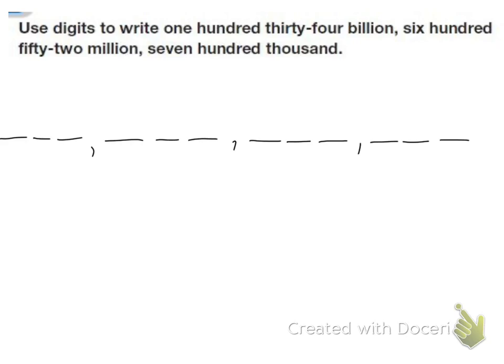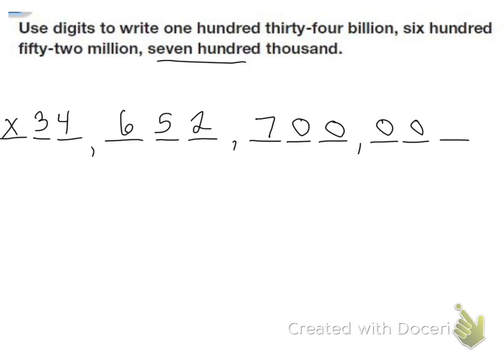So it says 34 billion. Well, I don't have any 100 billion, so it's going to be 34 billion, 652 million, 700,000. So I put a 700, and then there's nothing else. So the rest of these numbers get filled in with zeros. Okay, and this is my number.